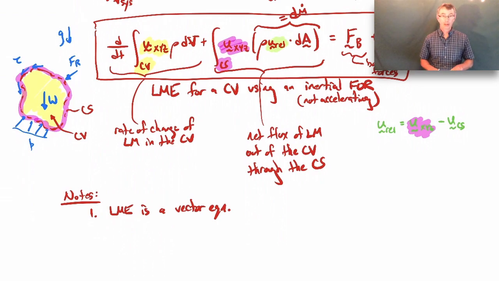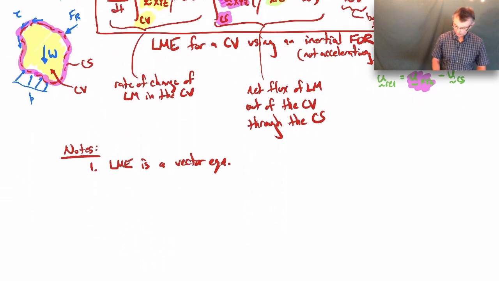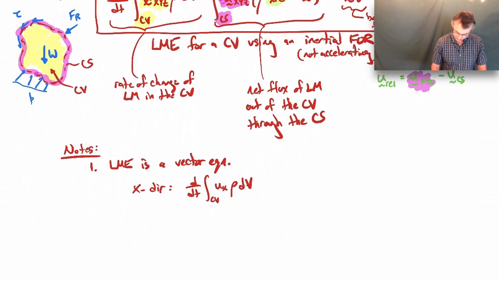So even though it looks like one equation here, there are actually three equations buried inside. You've got one in the x direction, one in the y, and one in the z, for example, if you're using the Cartesian coordinate system. Just to show you that explicitly, if I wrote down the linear momentum equation in the x direction, it would look like this. I would be using the x component of the velocity, and the x component of the body forces and surface forces.